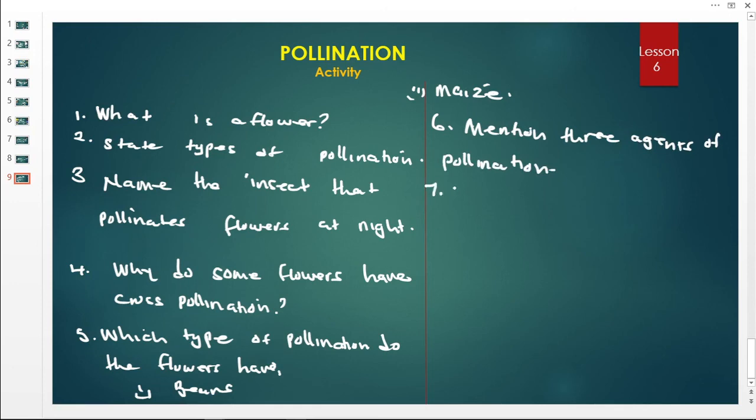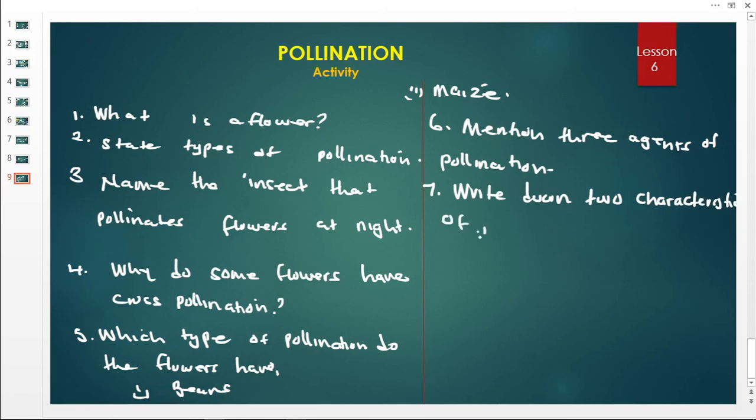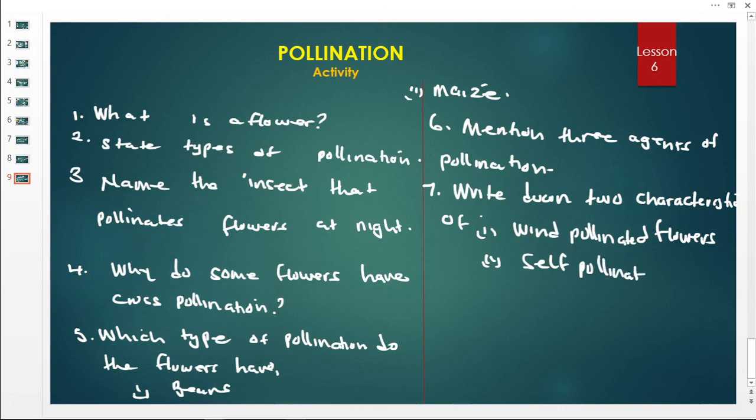Number 7, write down 2 characteristics of 1, wind-pollinated flowers, 2, self-pollinated flowers. Number 8, what is cross-pollination?